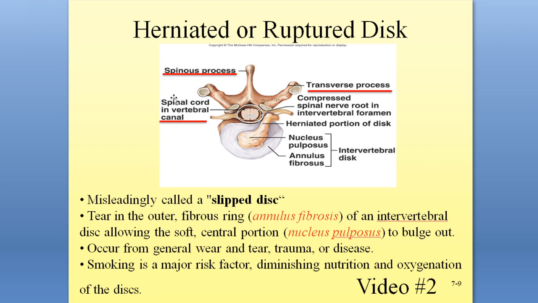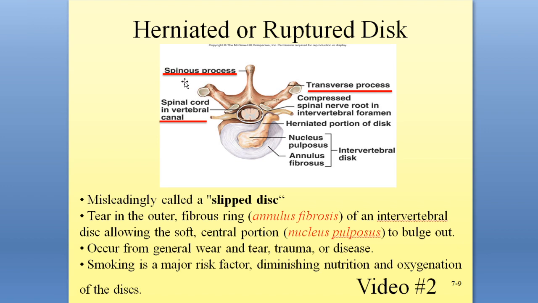What happens is with this picture. So this inner jelly called the nucleus pulposus can bulge out due to injury. And that bulge can put pressure on nerves, or this outer ring of annulus fibrosus can completely tear, and the nucleus pulposus, like you're stepping on the jelly donut, can get squeezed and extruded out.